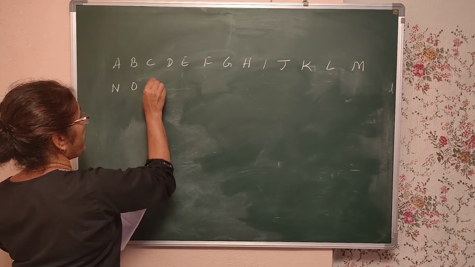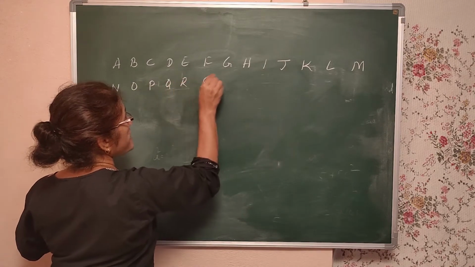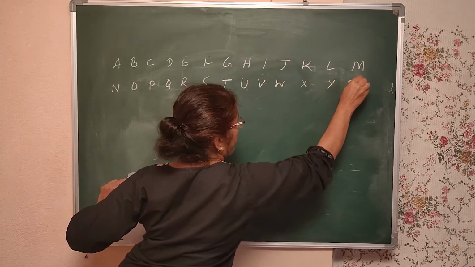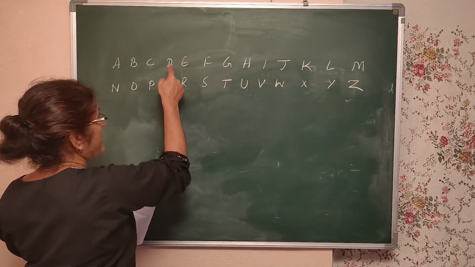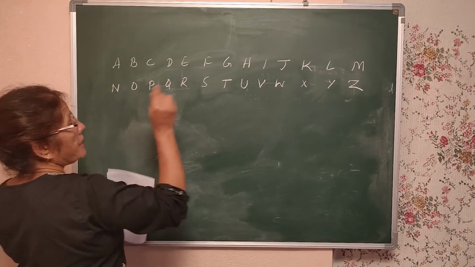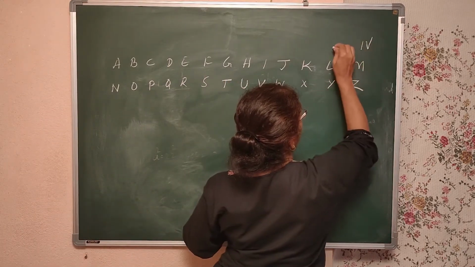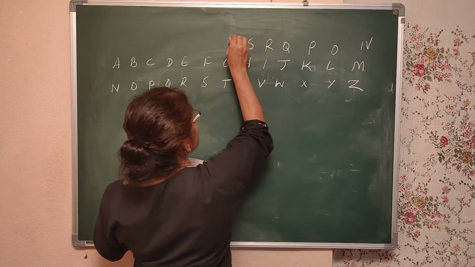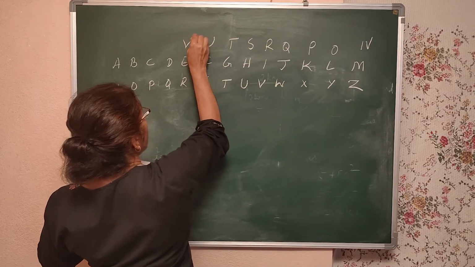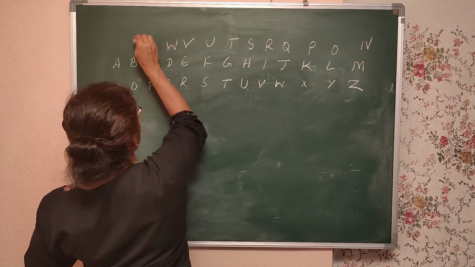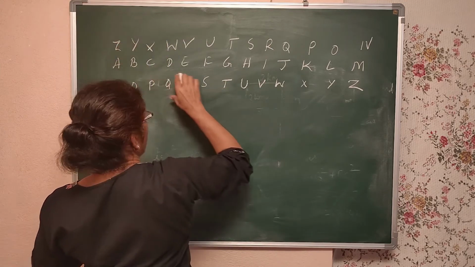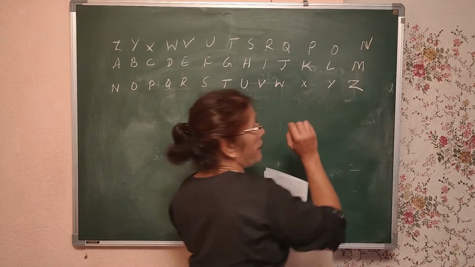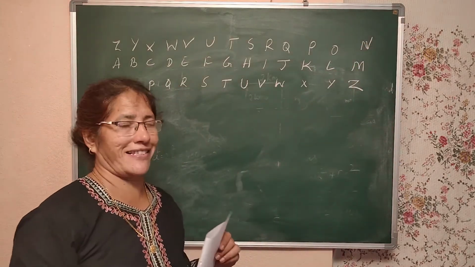Then N, O, P, Q, R, S, T, U, V, W, X, Y, Z. Take care that one comes exactly below the other. This is one set, this is the other set. You can refer to either this set or that set, but don't refer to both sets at once.